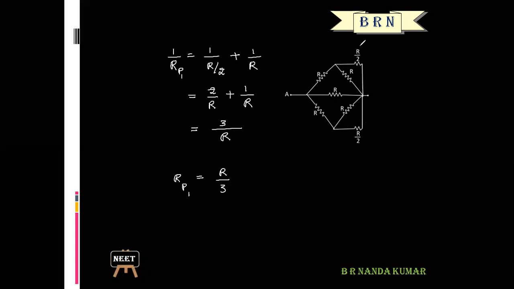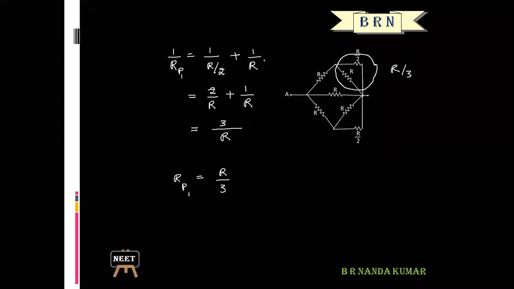So the effective resistance of this parallel combination is R by 3.